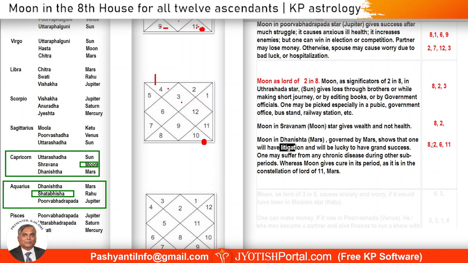You can say that this person will be able to come out successful in whatever competitions there are. For education, there are some competitions. Since the eighth house is also involved, that's why he has mentioned litigation and all that.